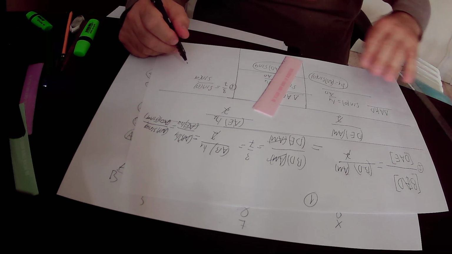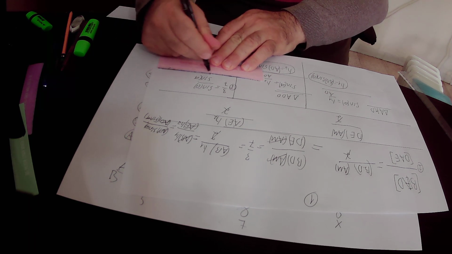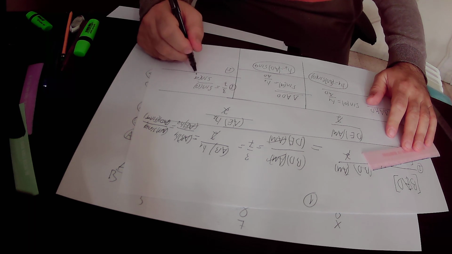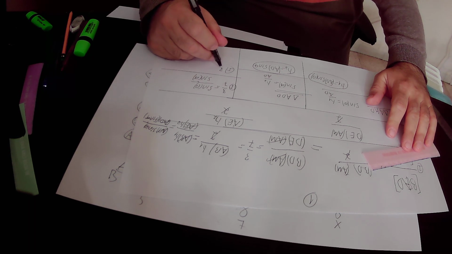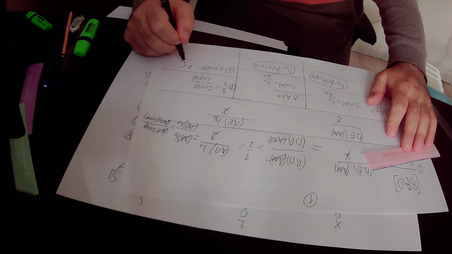Here we cross multiply, and we'll get that according to equation number 1, 3 times sine alpha equals 7 times sine theta.